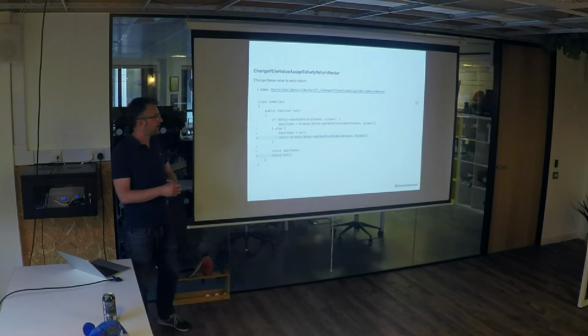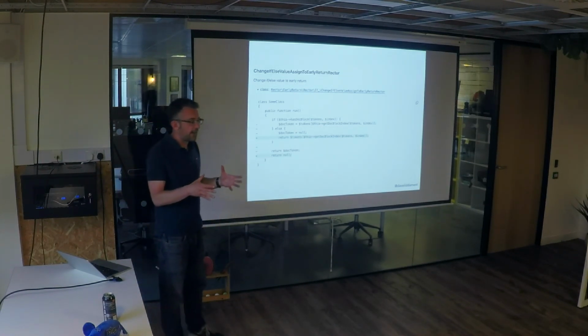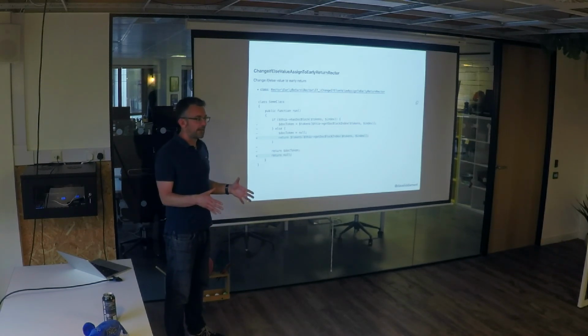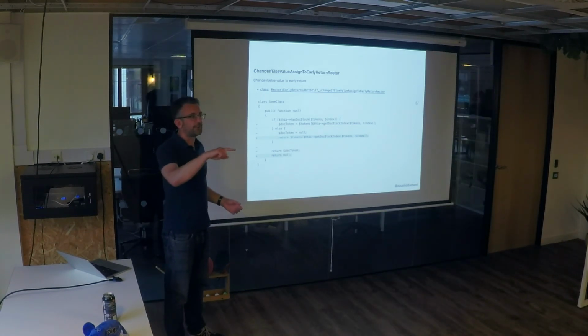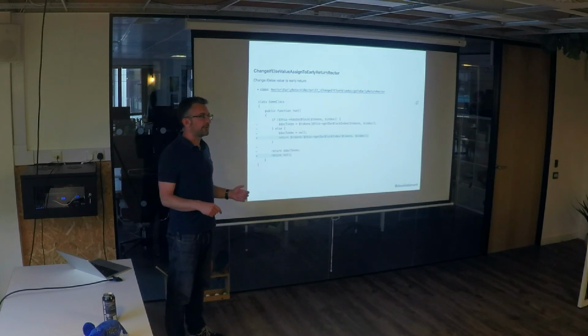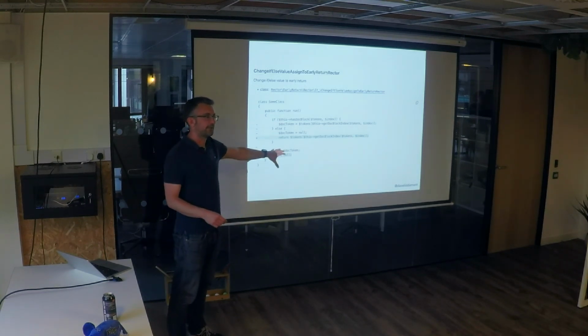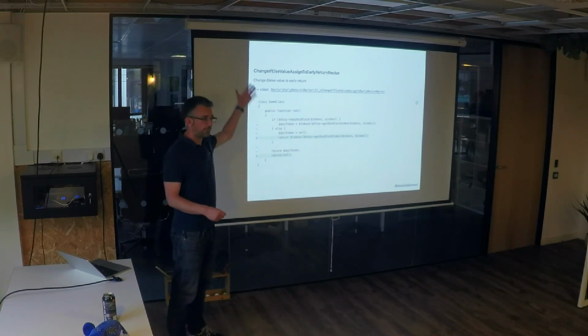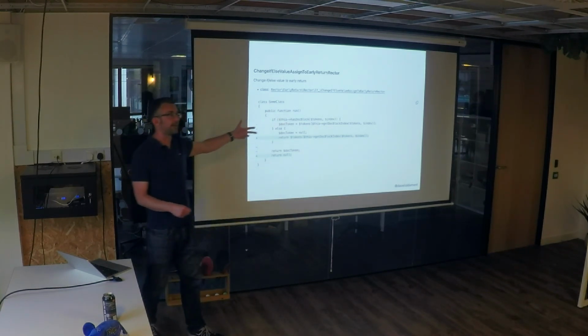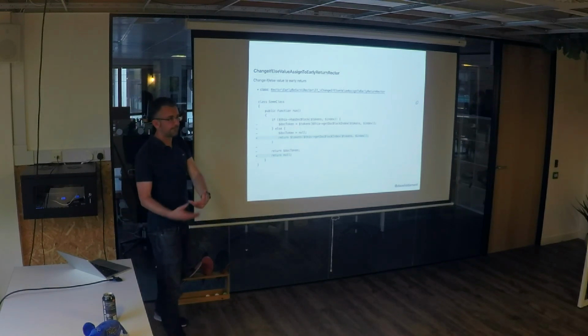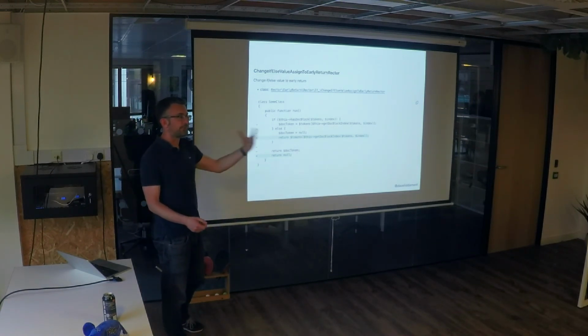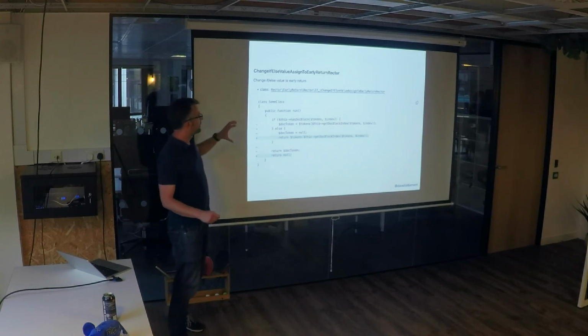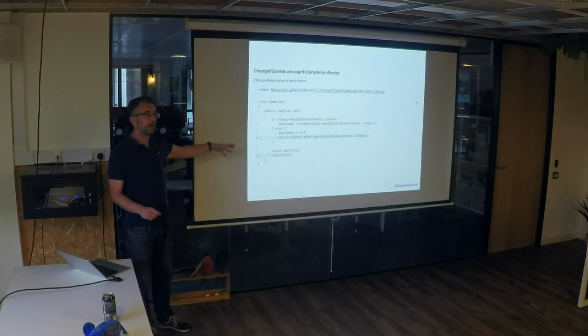You could be in a situation where, if you were a library maintainer, you say, in order to go from version 1 to 2, you need to do these changes. Oh, and by the way, here's a Rector configuration file that you can then run on your code base, and it will make all the changes you need to make your code that was talking to version 1 talk to version 2. So this is a real benefit, I think, of Rector over your IDEs.